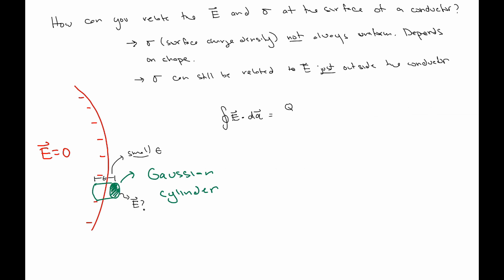If I use Gauss's law on this little Gaussian pillbox that I just drew, the electric field flux through the surface is equal to the enclosed charge divided by epsilon naught. If this has an area of A, then the enclosed charge is sigma times A, so Q enclosed over epsilon naught is sigma times A over epsilon naught. On the left-hand side, I get 0 times A for this side here, and the perpendicular component of the outward electric field times A for this side here.